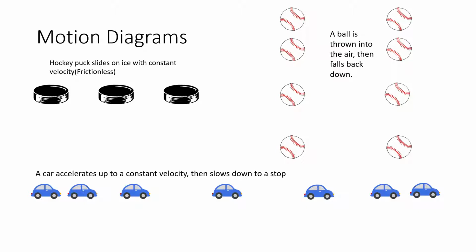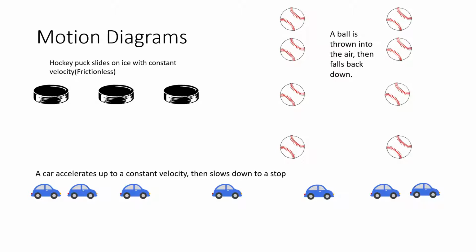Then you look on the right side, that's the point where the ball is starting to fall down. It is now creating a velocity downward. The acceleration continues to be downward. Since they are both pointing in the same direction, they add to one another.